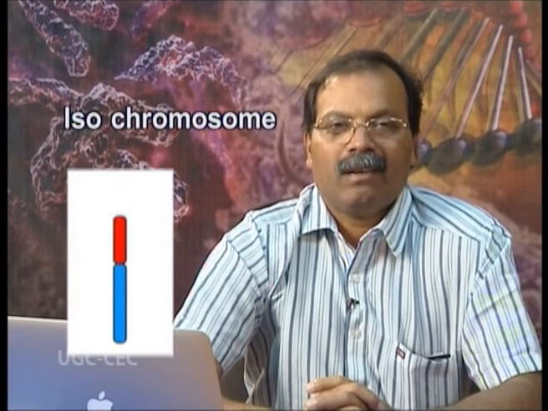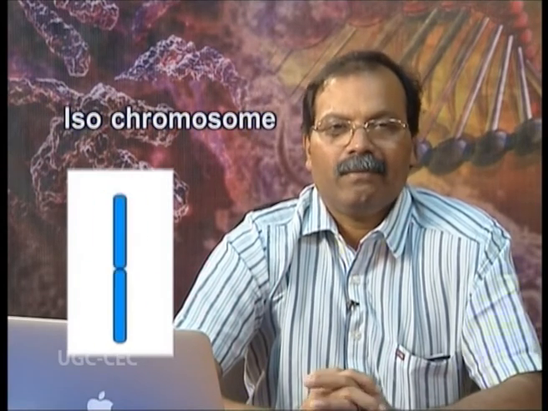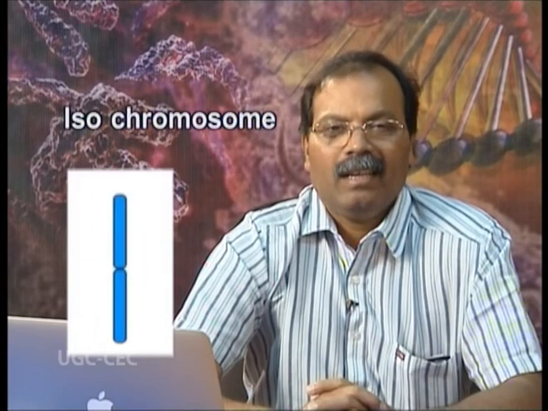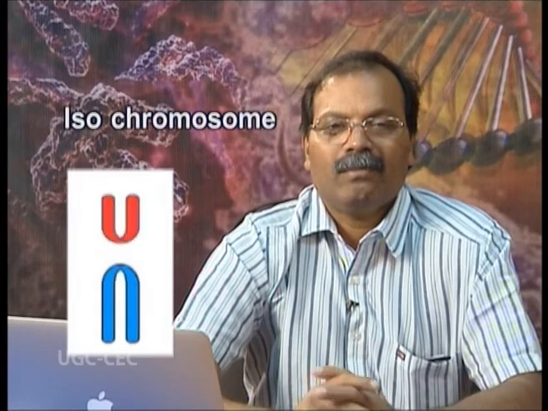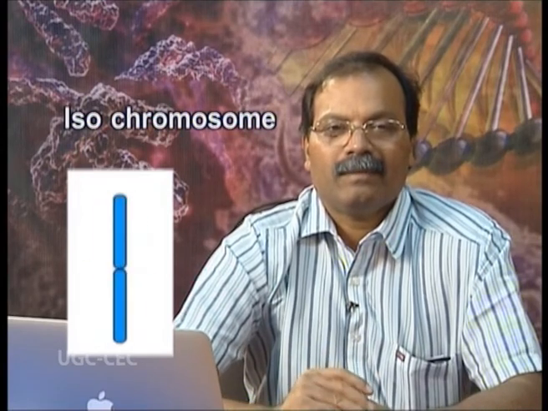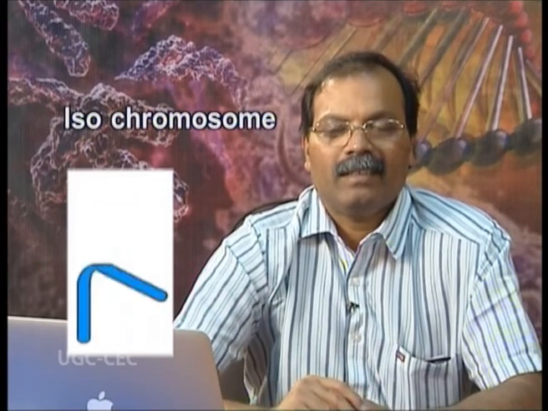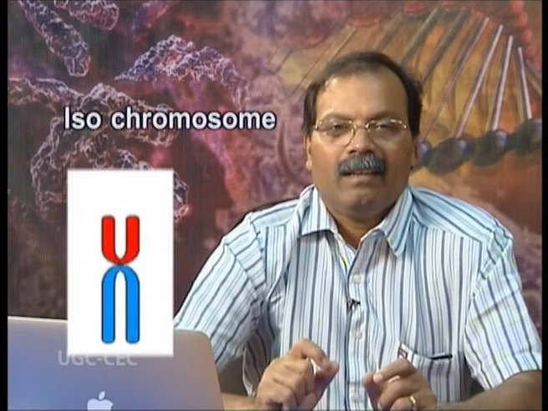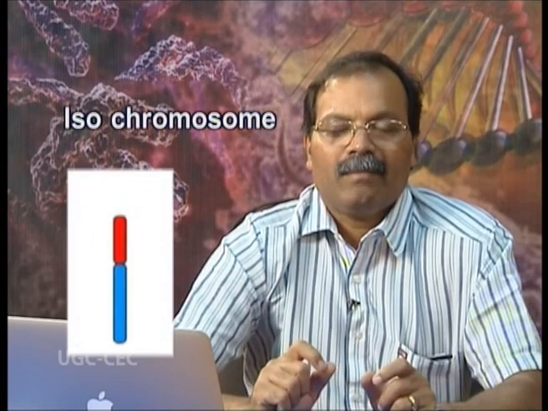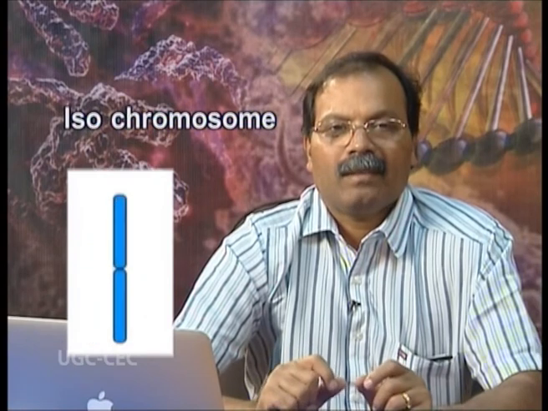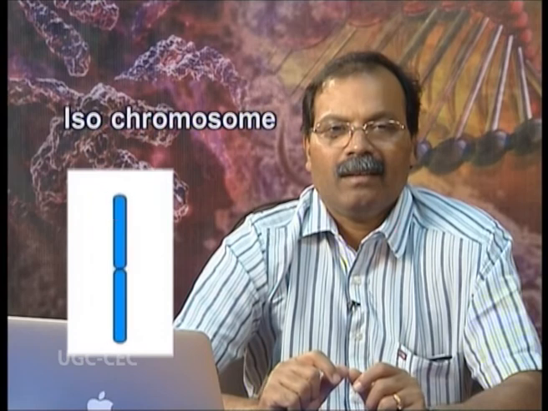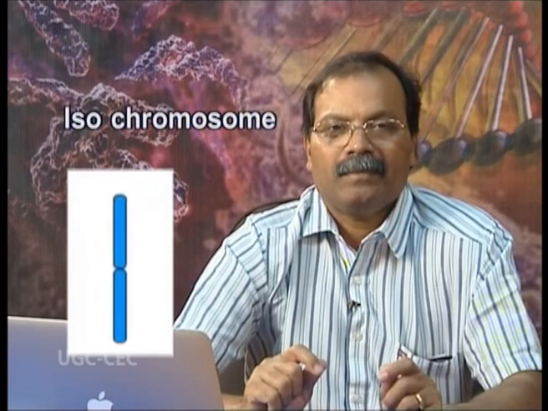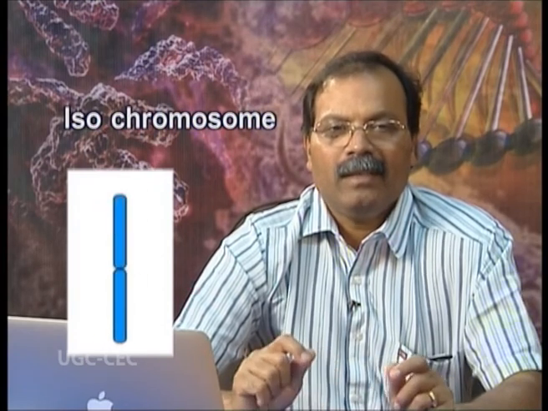Normally, the chromosomes are divided vertically. In case of isochromosome, the chromosome divides horizontally. The same arm, whether short arm or long arm, will become double.